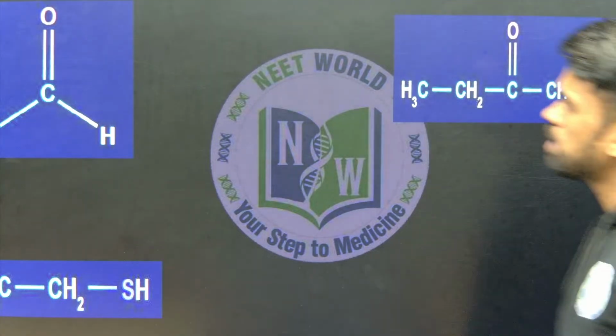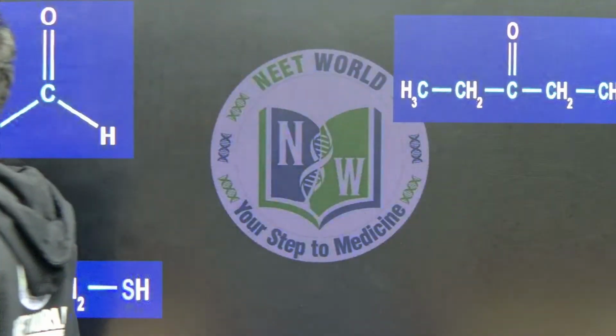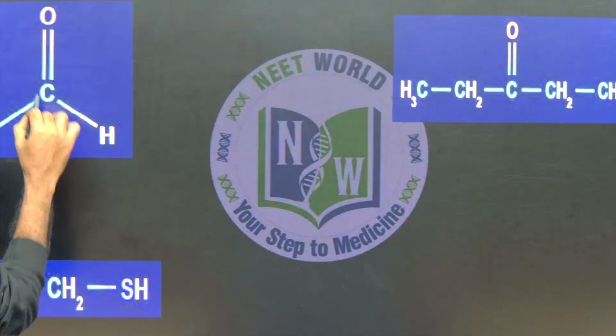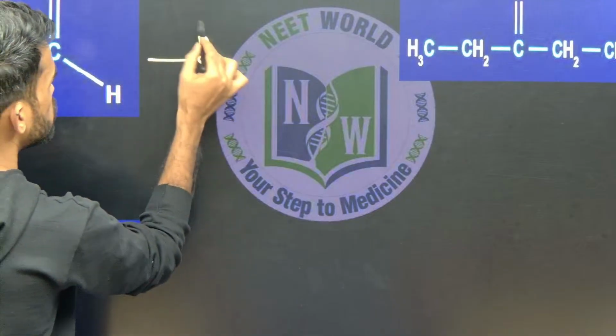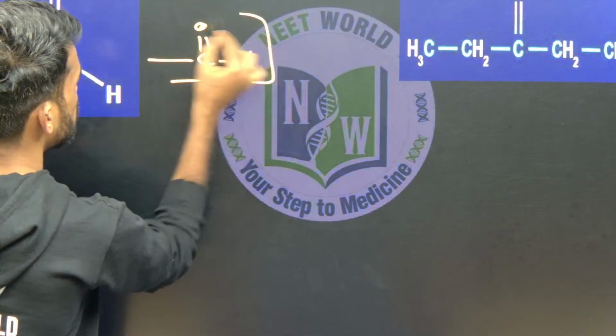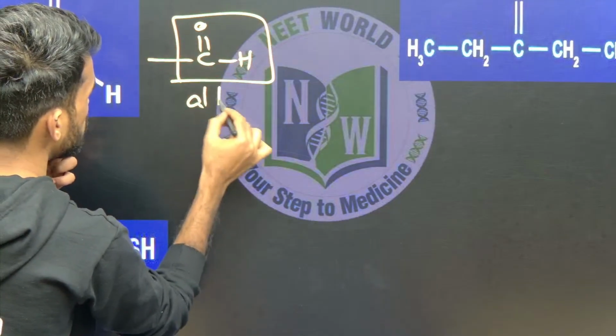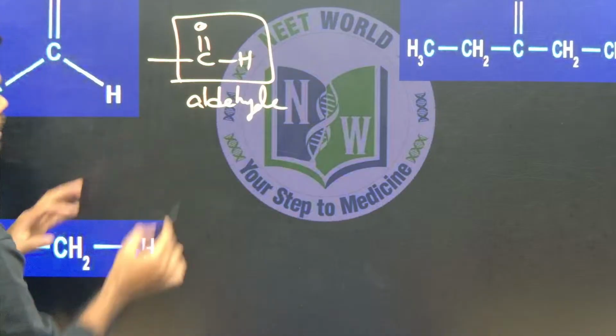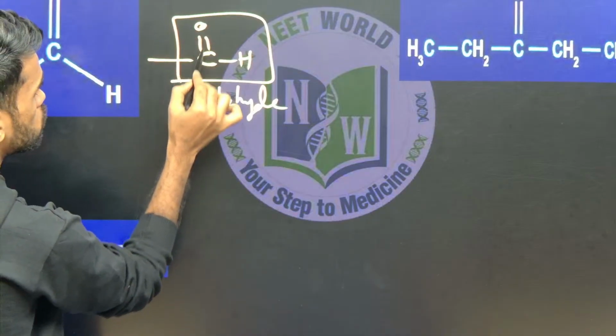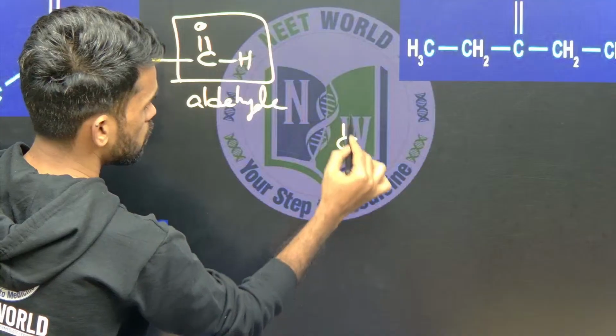Whenever there is a functional group like this, C double bond OH, this is called the aldehyde functional group. The C double bond O group is called the carbonyl group.